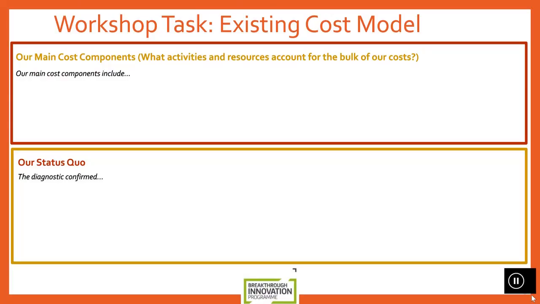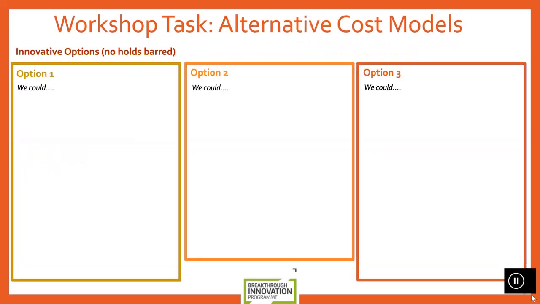Jot down your current main cost components in the business. What's driving them? What did the Breakthrough Innovation Capability Diagnostic confirm to you about your existing cost model? Now also think outside the box and come up with some creative ideas on how you could radically alter the cost structure of your business to gain cost advantage.